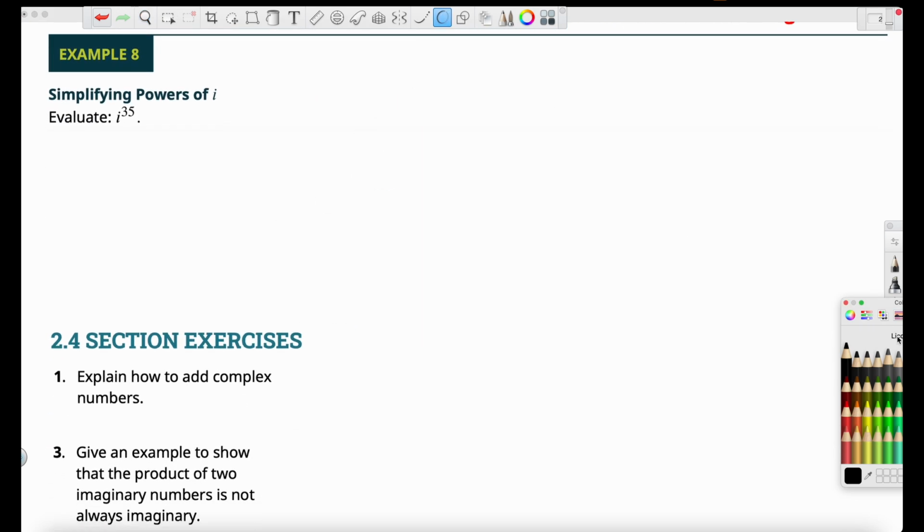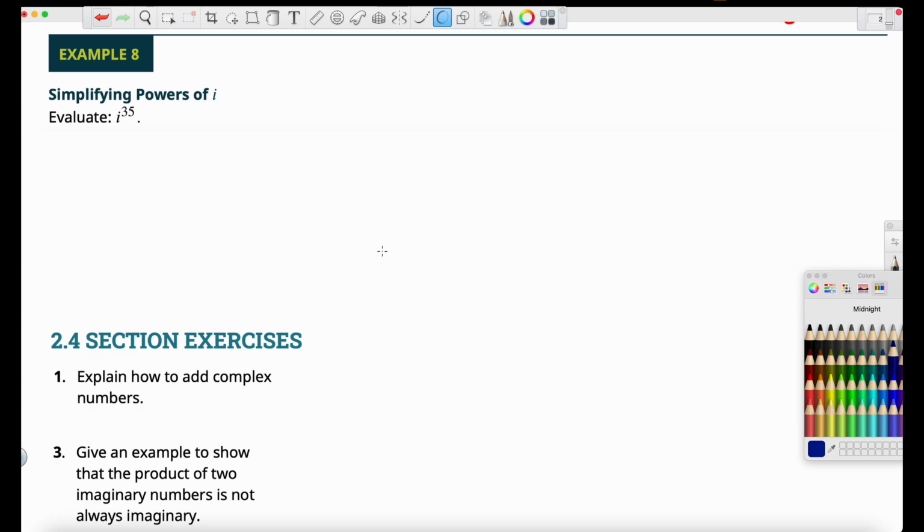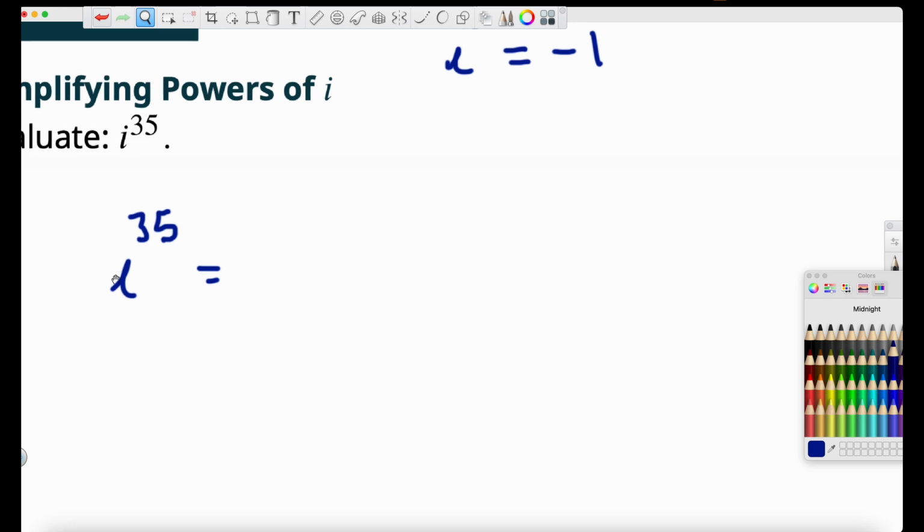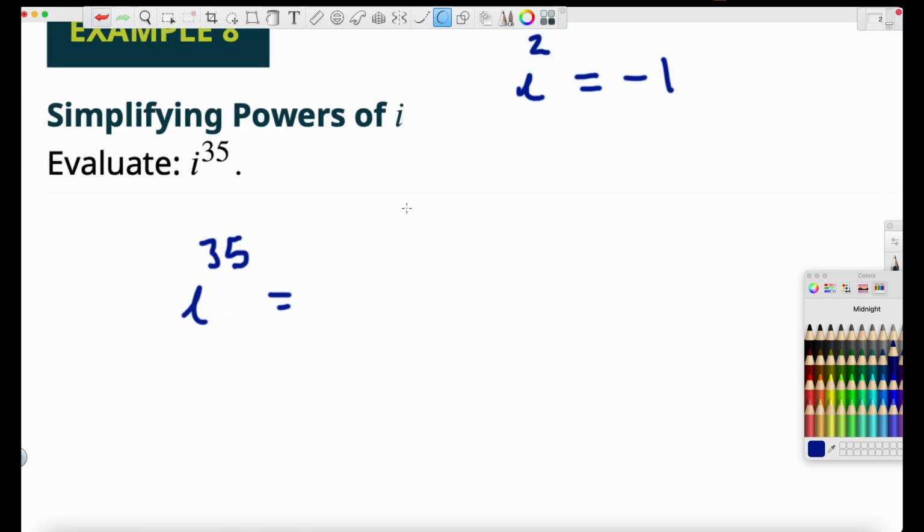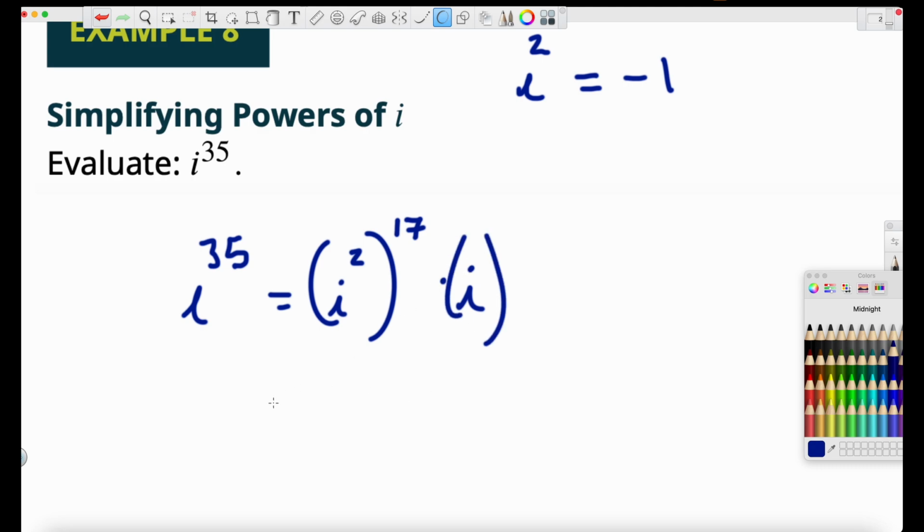Let's do example 8. What if we have i to the 35th? What would this simplify to? So we already know i to the second is -1. So how can we rewrite i to the 35th in terms of i to the second? So we can say it's i to the second raised to the 17th, and we need one more i. So 2 times 17 is 34, times i would get us to 35.